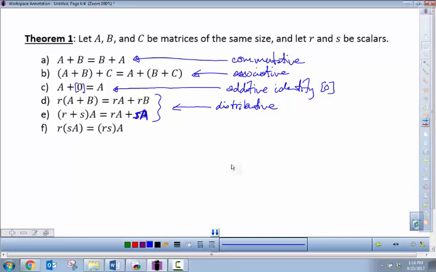And the last one is another form of associative property where you can regroup your scalars. Although I don't know if it's actually called associative in this case, it looks like the associative property for addition, except this would be an associative property for scalar multiplication. Vectors work the same way. If you change matrices A and B to vectors U and V, you'd see the same properties for vectors.